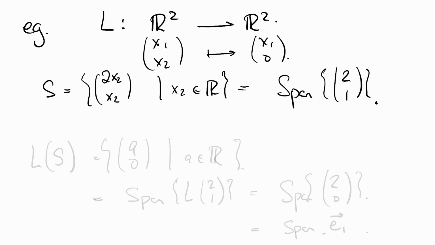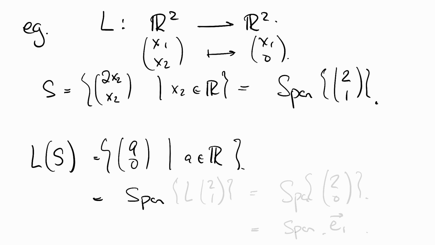Then L(S), well, what are all the things that it goes to? It's going to be (a, 0), where a is some real number, otherwise known as the span of L(2, 1).